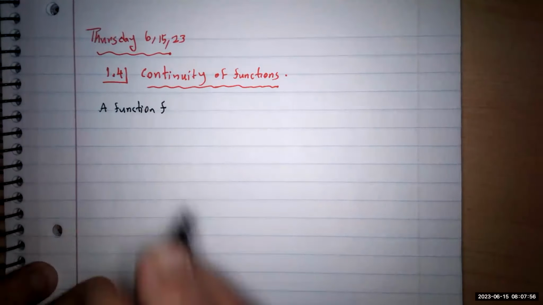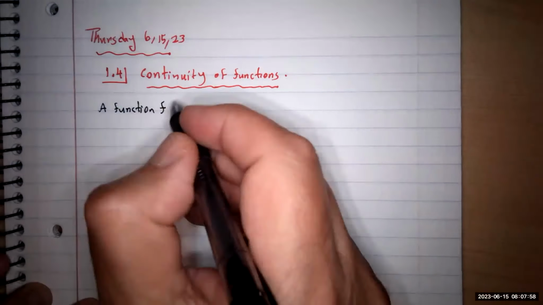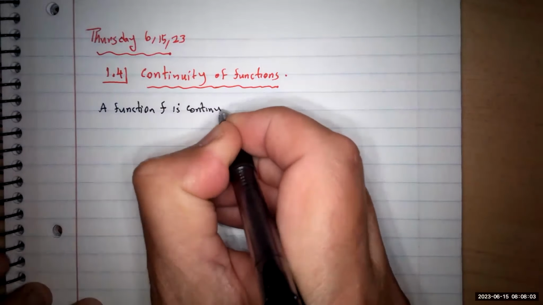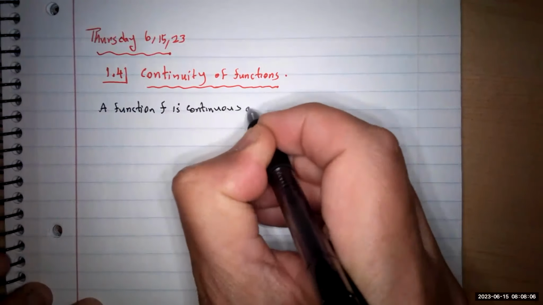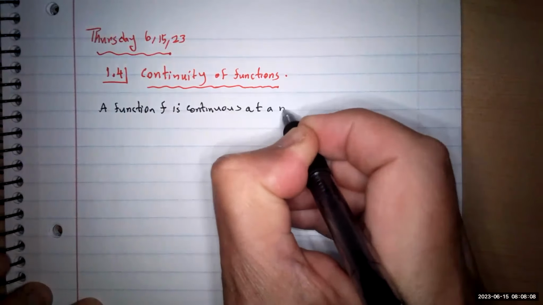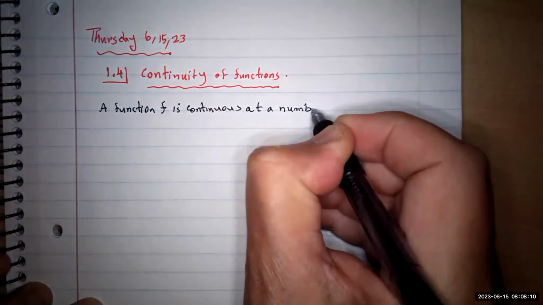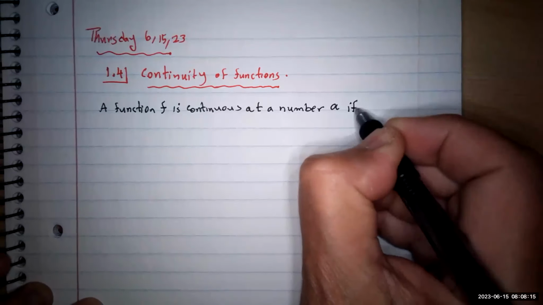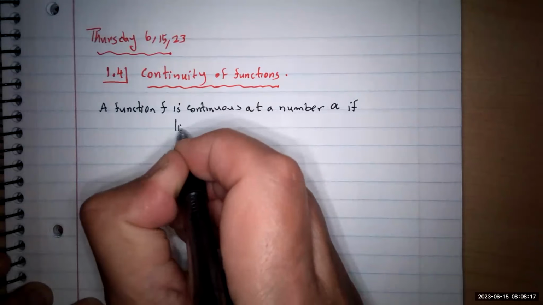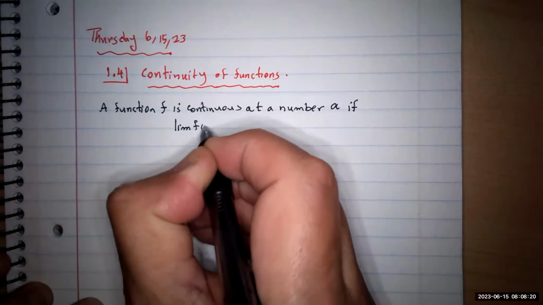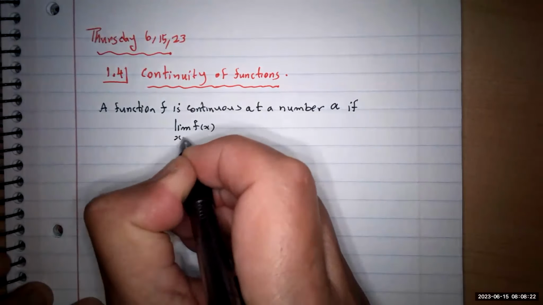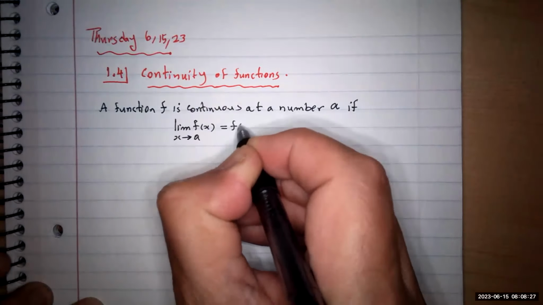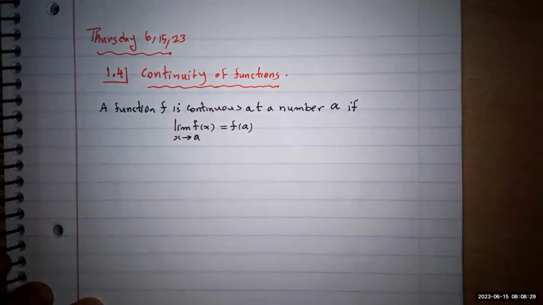A function f is going to be continuous at a number a simply if the limit of f of x, when x goes to a, you see this is an estimate, must be equal to f of a when you directly substitute.